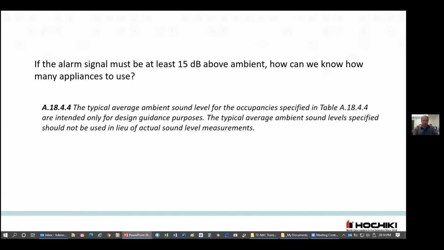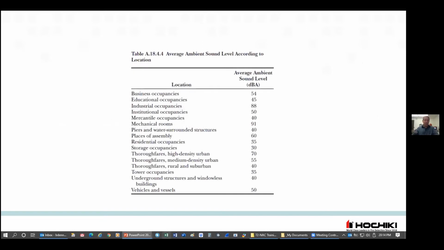It's based on information found in Annex A, Table A.18.4.4. What this table does is the technical committee gave us the average ambient sound level in different types of occupancy. So if you have a business occupancy, an office, typically it's going to be about 54 dB.